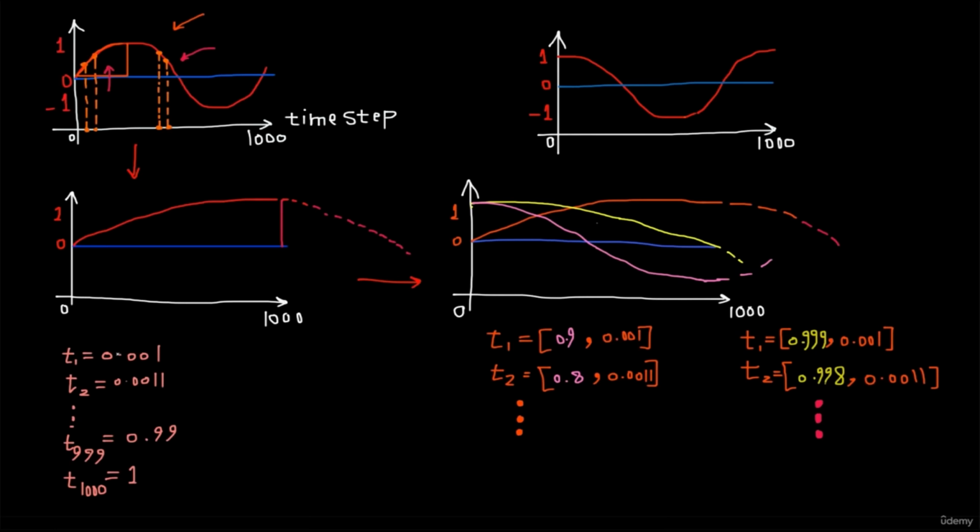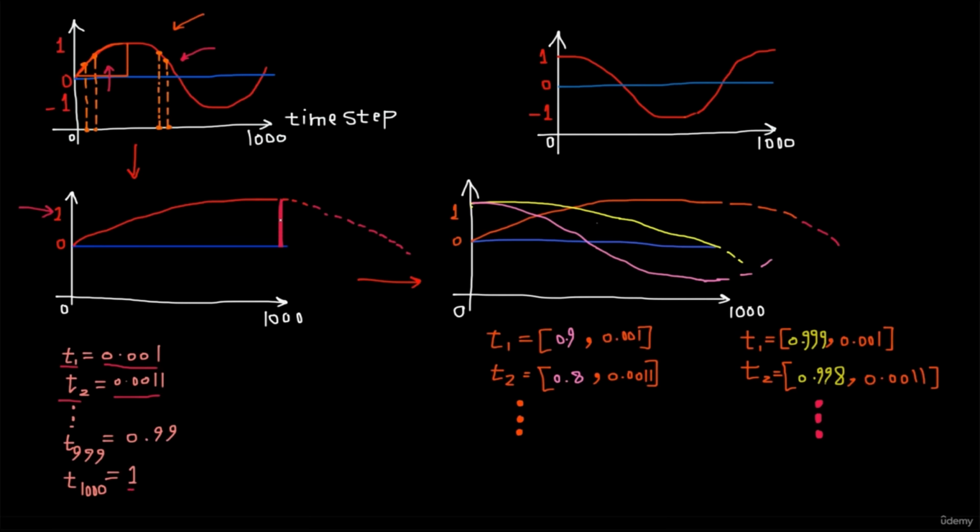Let's say that, for example, time step 1 will be equal to 0.001 in the y-axis. Time step 2 will be equal to 0.0011 in the y-axis. The last time step, which is time step 1000, will be equal to 1.